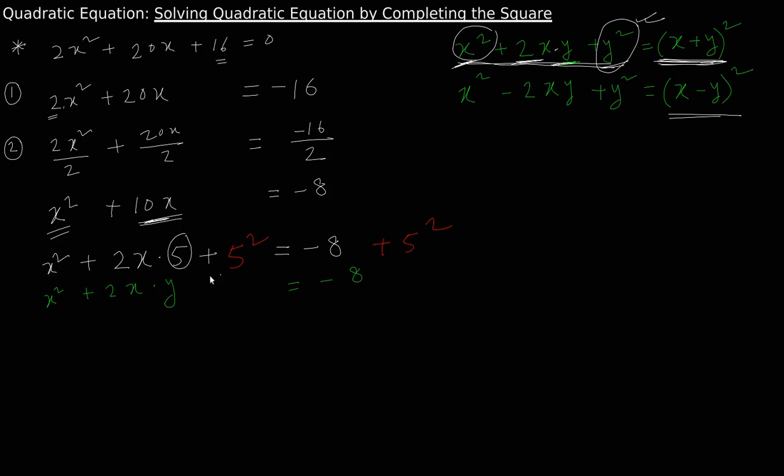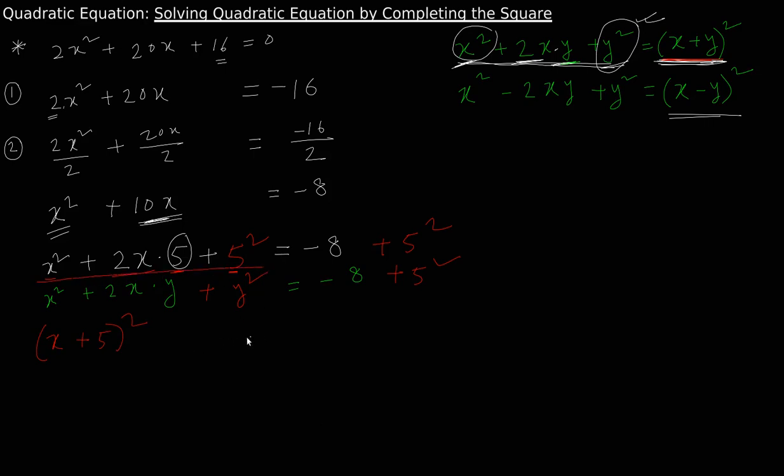Now if I do that, as you can see, here also I have 5 square, and in this case 5 is my y. So what I have is x square plus 2x multiplied by 5 plus 5 square. I can write this as (x plus 5) square, that is all these three terms.